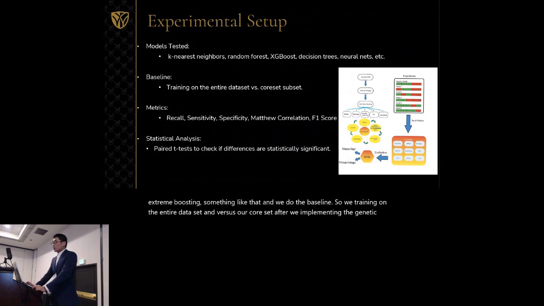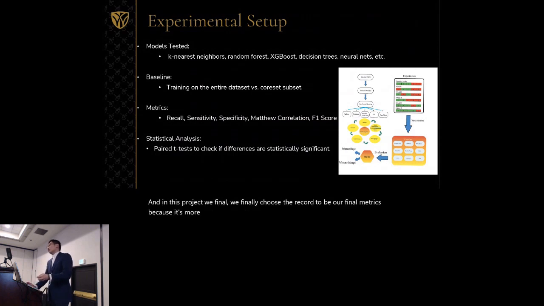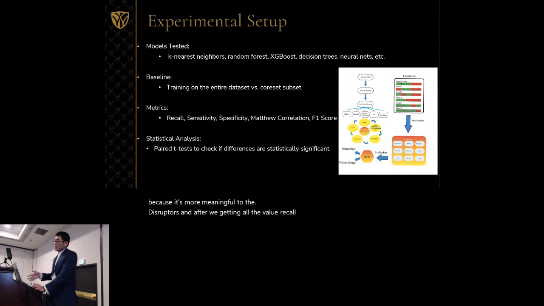For the metrics, we tried several different metrics, and in this project we finally chose recall to be our final metric because it's more meaningful for chemical disruptors. After we get all the recall values, we do the statistical analysis, which is a paired t-test, to check if there's a statistically significant drop compared to the baseline.